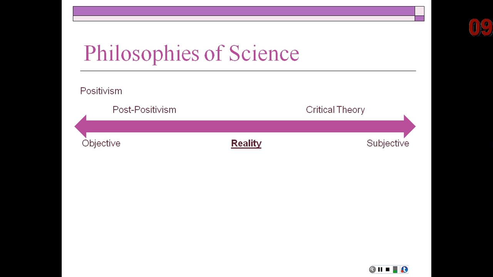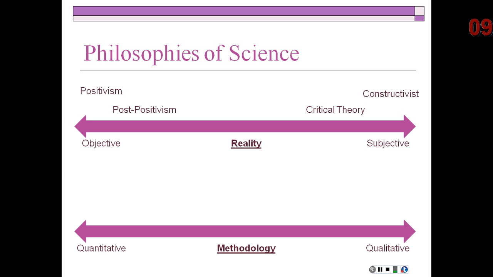Critical theory is closer to the subjective end, and constructivism is all the way over to that end. And if we look at quantitative and qualitative methods, it's almost identical, right? Positivism and post-positivism primarily use quantitative methods. Constructivists will use qualitative. The difference here is that critical theory uses both, so they use sort of a mixed methods approach to understanding what's going on in their communities.